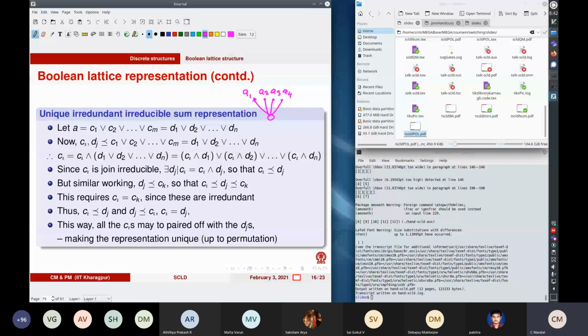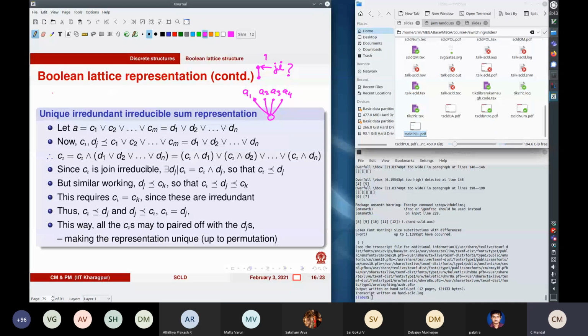So all these atoms are irreducible, okay? All these atoms are irreducible. But the question is, you have a 1 somewhere out here, right? If you have such a thing, then this will be join irreducible, right? This one will be join irreducible. But is this possible? Is this possible in a Boolean lattice?